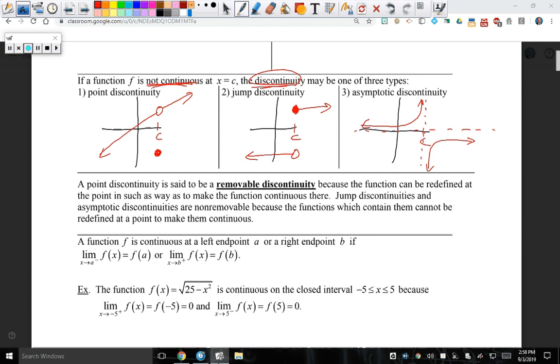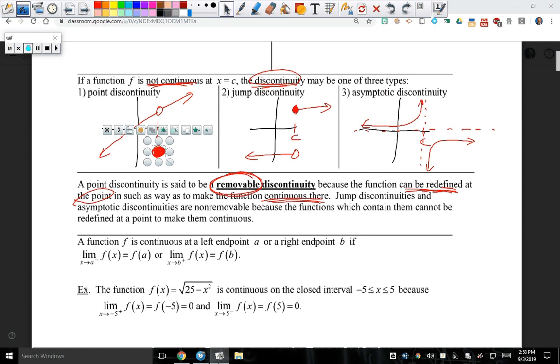Alright, so a point discontinuity is said to be removable. This is why we call it removable, because the function can be redefined at the point in such a way as to make the function continuous everywhere. So basically, this point right here, if I were to redefine it, and if I were to actually move that point, ooh, it let me.